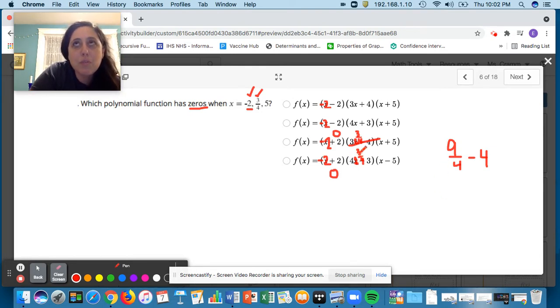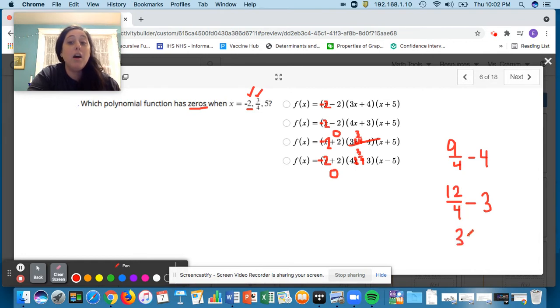So 4 times 3 is 12. Okay, 12 over 4, right? I'm just multiplying. 4 times 3 is 12, and then divided by 4, okay? And then I think that this was a minus. Yeah, that looks like a minus 3. Okay, so now 12 divided by 4 is 3.